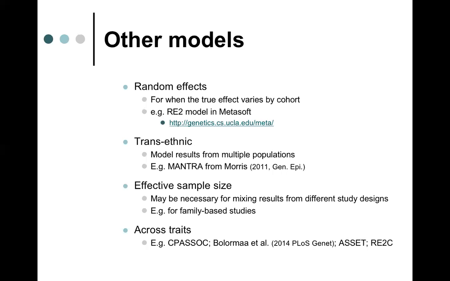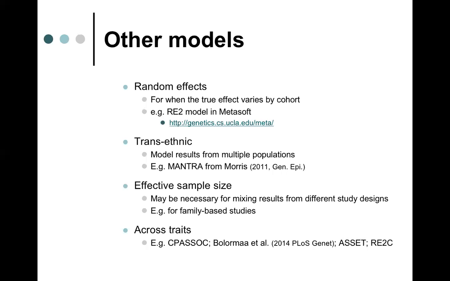And that's what this RE2 model from Han and Eskin that's included in Metasoft does. Metasoft also includes the more standard random effects meta-analysis and a few other variants of meta-analysis. So if you're looking for some of these more complex or more generalized models, that's one of the places where Metasoft starts to become preferable to METAL as the older standard.